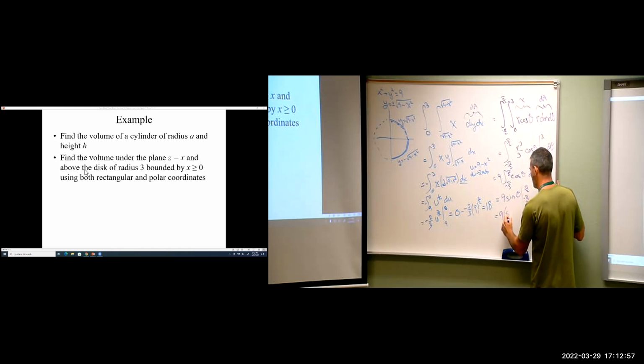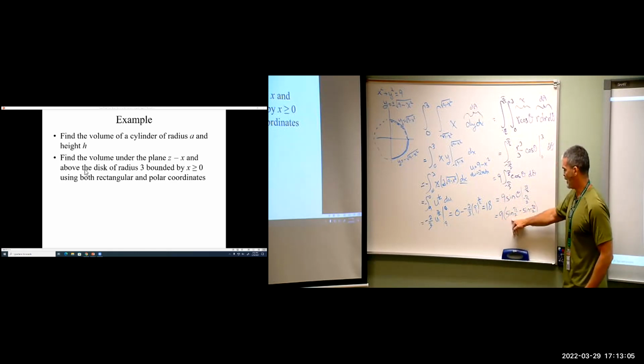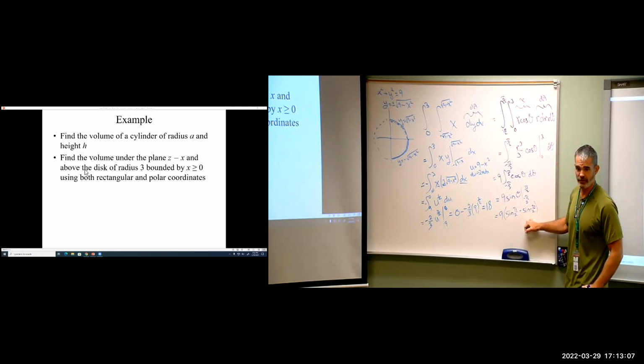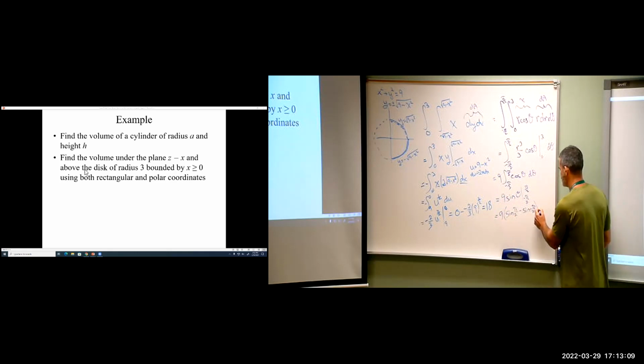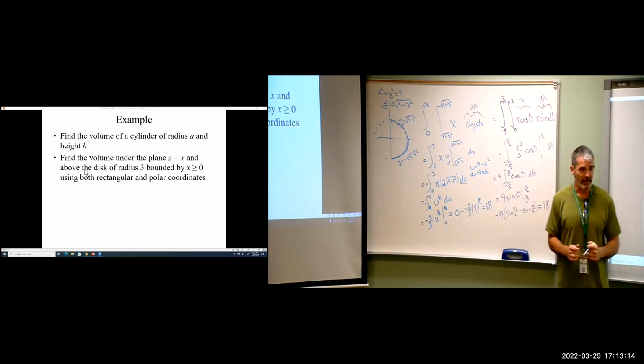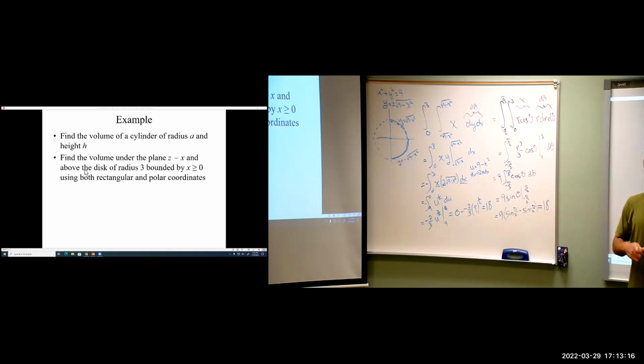So we'll have sine of pi over 2 minus sine of negative pi over 2. So 1 minus a negative 1 is 2 times 9, and there's 18. Same thing either way. You know, we can debate which of those was easier to do.